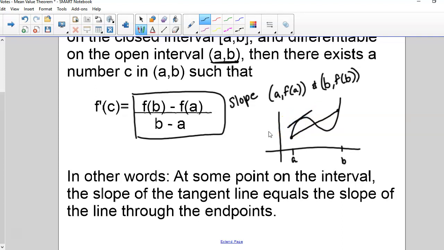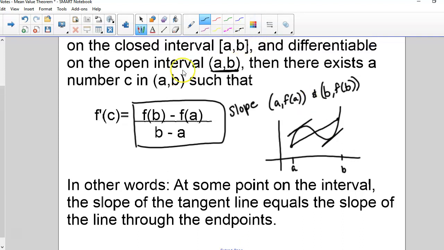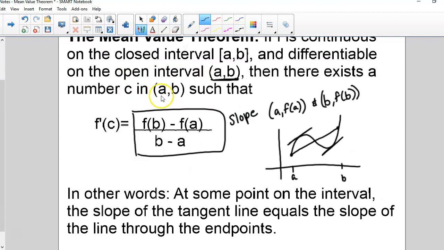You have to have at least one point. In this particular drawing, it'd probably be 2 points where that derivative equals the slope through the endpoints. So we're looking for where the slope of the tangent line equals the slope through the endpoints. The reason this is called the mean value theorem is because the slope through the endpoints is the average value or the mean value for that function.